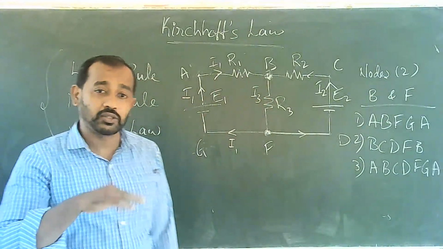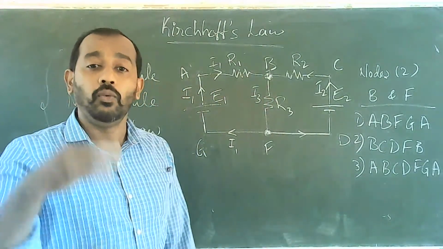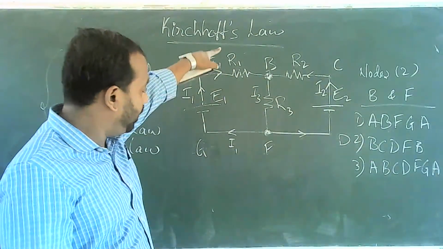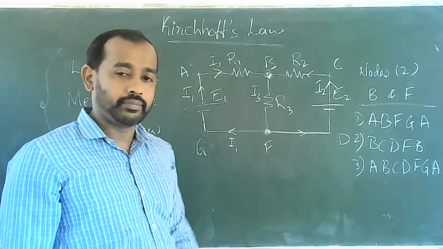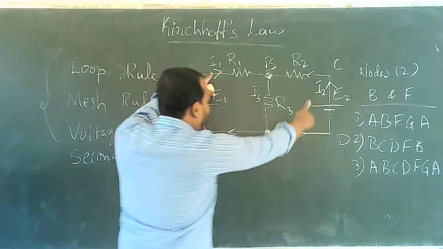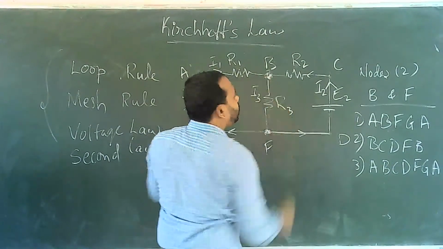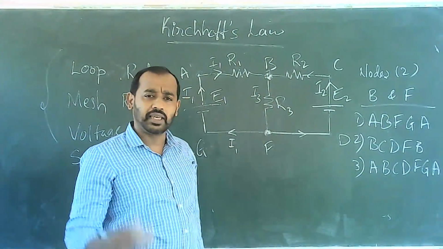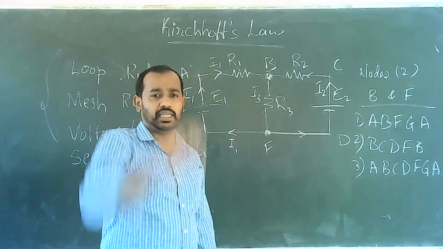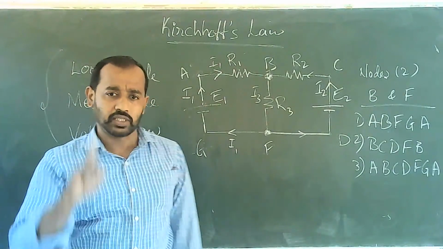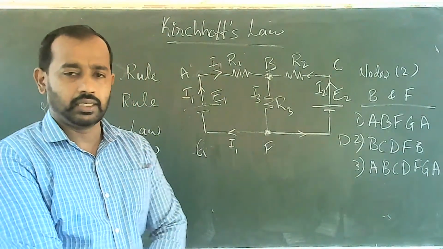Now my question is, what direction will you assign for I3, from B to F or F to B? Just use common sense. These two currents, I1 and I2, are directed towards B, flowing into the node. I3 cannot also be in the same direction. At least one of them should be leaving. That's what Kirchhoff's first rule, the current rule, suggests.